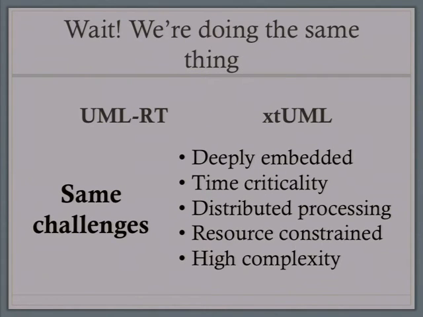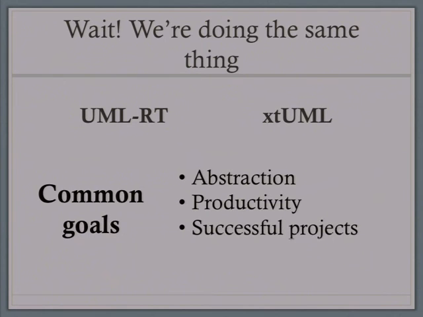We face the same challenges. Both methodologies are approaching the deeply embedded world, where time criticality is a big challenge, focusing on distributed processing in resource-constrained environments that are high complexity. Yes, and the goals are also common, namely abstraction, productivity, and of course successful projects.